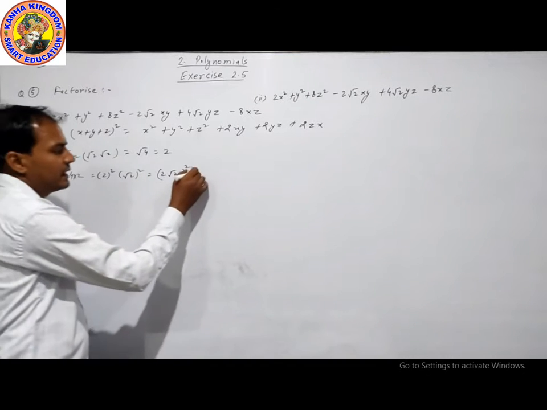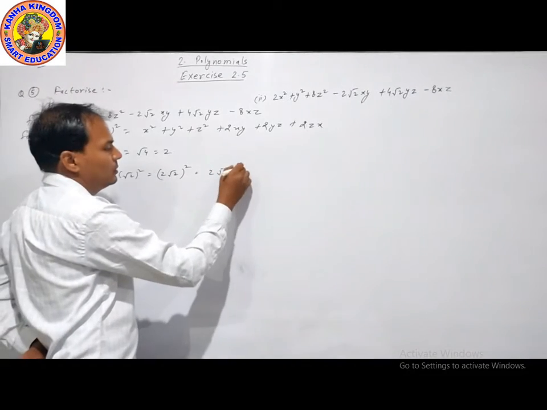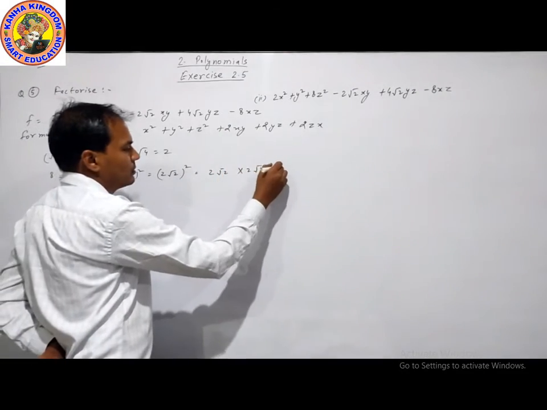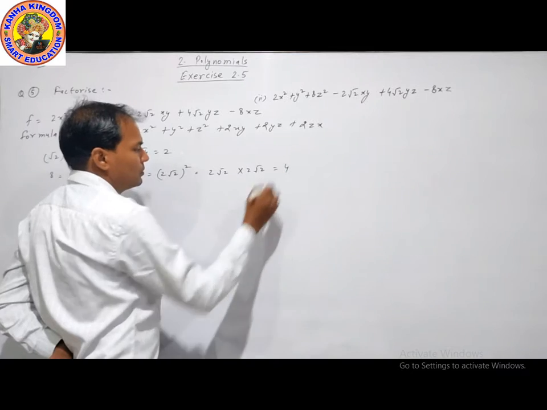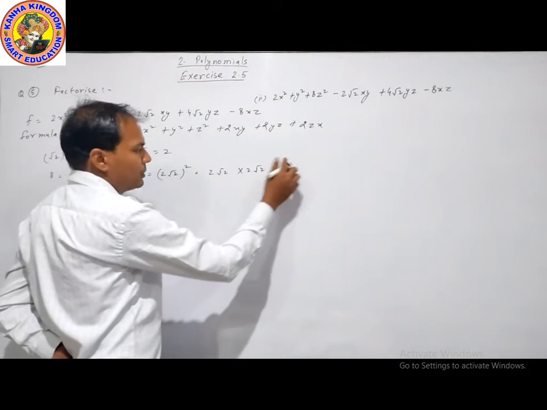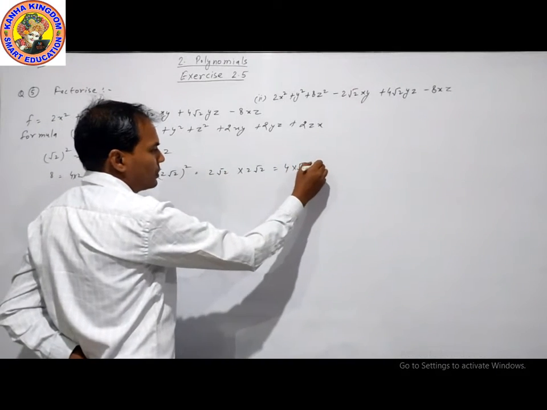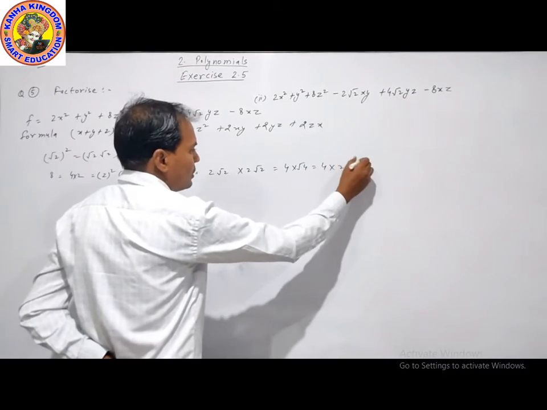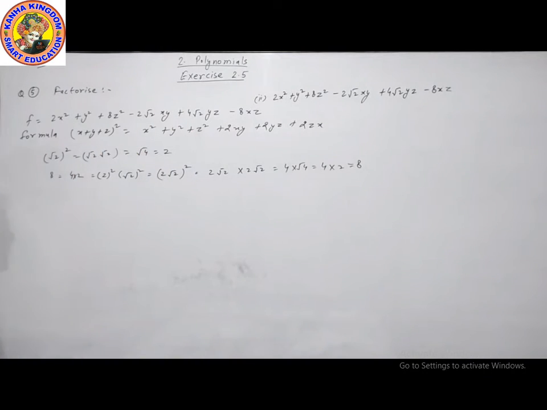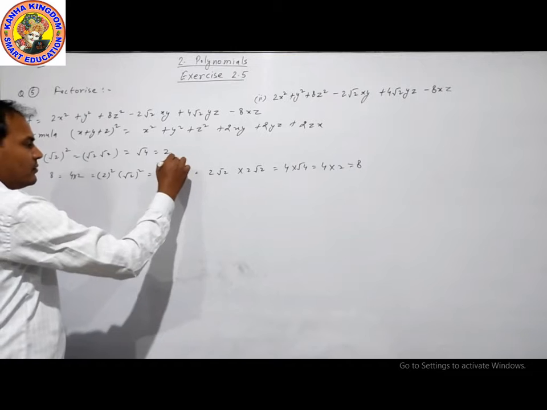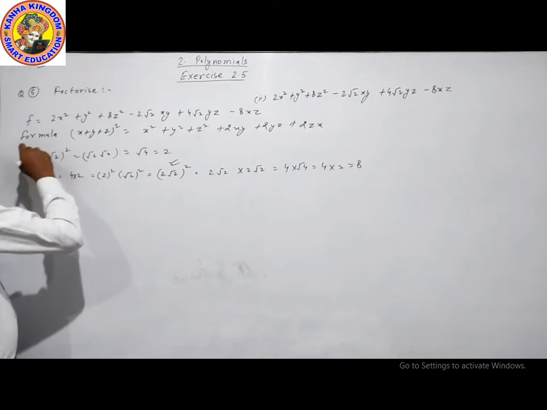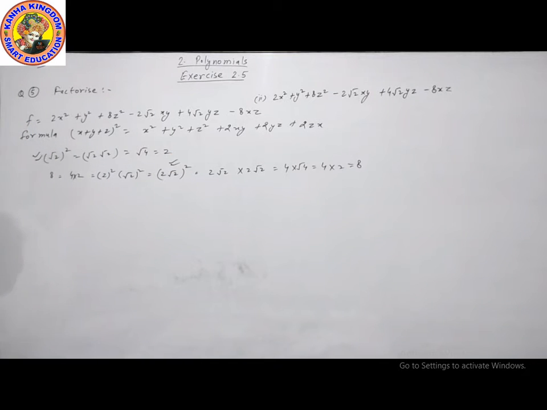Now opening the bracket, 2 root 2 multiplied by 2 root 2: 2 into 2 is 4, root 2 into root 2 is root 4, 4 into 2, the answer is 8. So 8 can be written as 2 root 2 square, and 2 can be written as root 2 square. Now I am making the equation in this term.